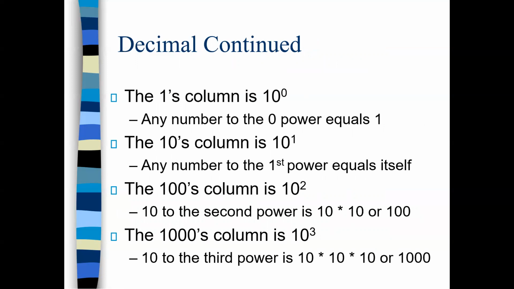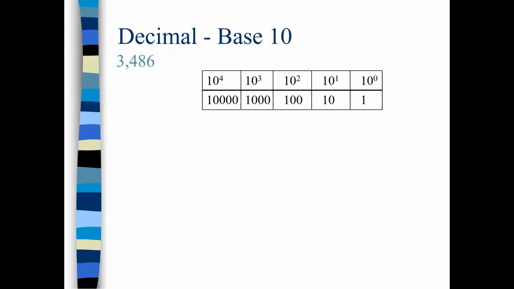Then the tens column is 10 to the power of 1, because any number to the power of 1 equals itself. The 100s column is 10 to the power of 2, 1000s is 10 to the power of 3, etc.